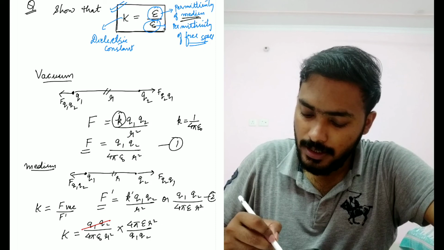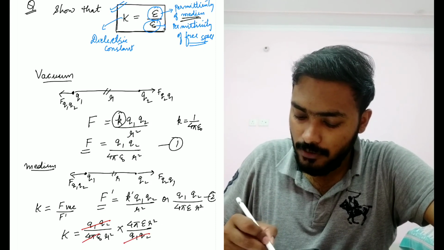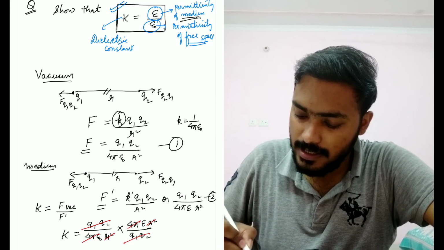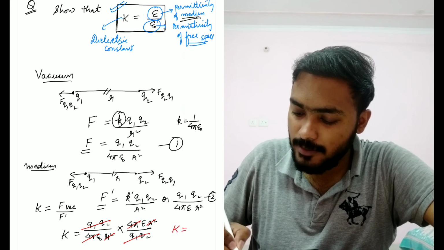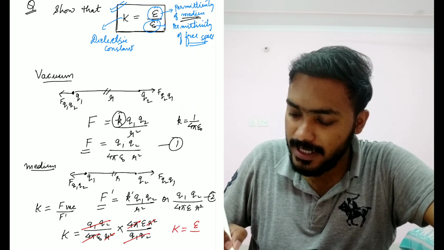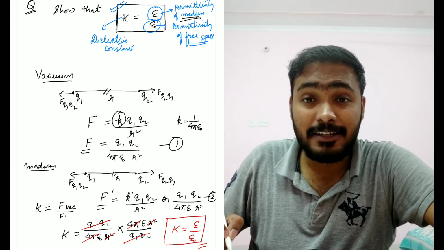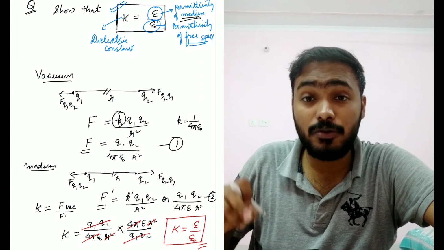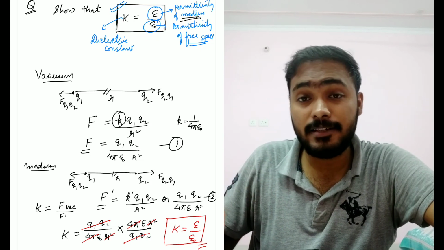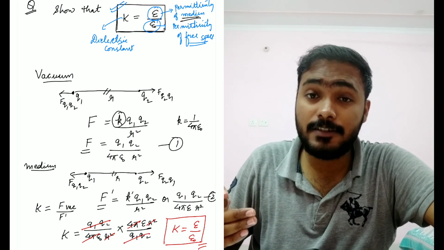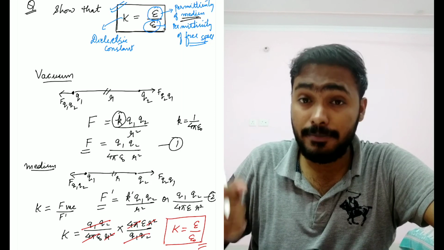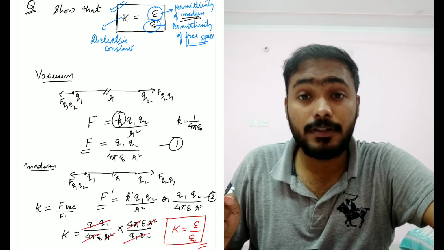So you guys can see q1 and q2 will cancel out, 4 pi will cancel out, r square will cancel out. The answer comes out to be K is equal to epsilon upon epsilon naught. I hope that is understandable. Yes, right? So this is how you can prove K is equal to epsilon upon epsilon naught, where epsilon is the permittivity of medium and epsilon naught is the permittivity of free space.